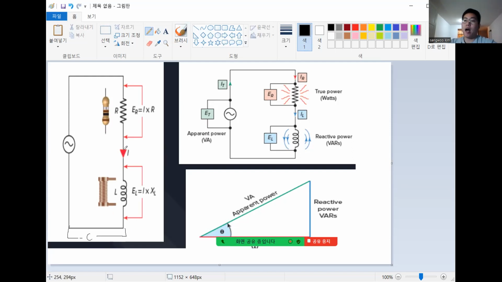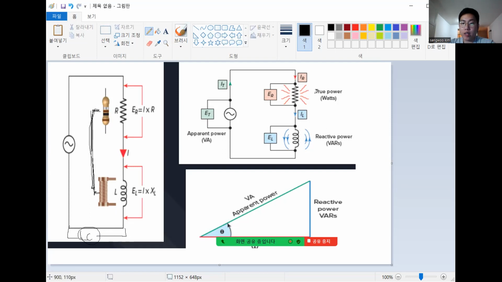But over 60% of our load is RL, mainly RL load. We will learn about the usage of capacitors, like improving the power factor. Why do we need to use a capacitor? I will explain more later, okay? We don't need to know about it right now.